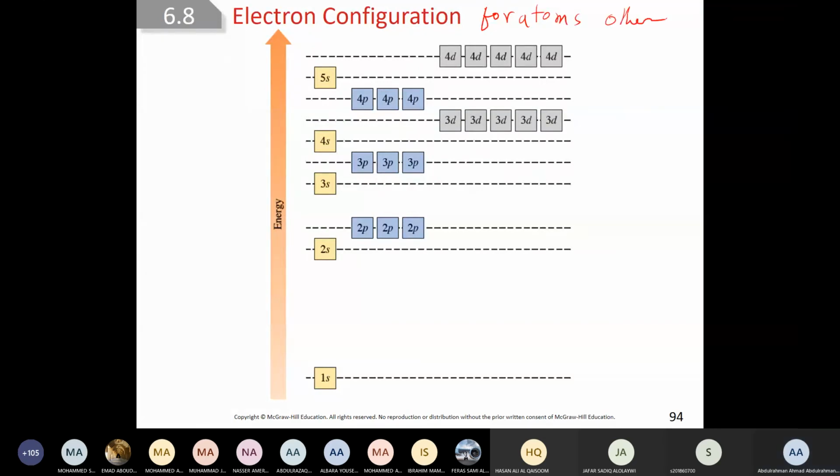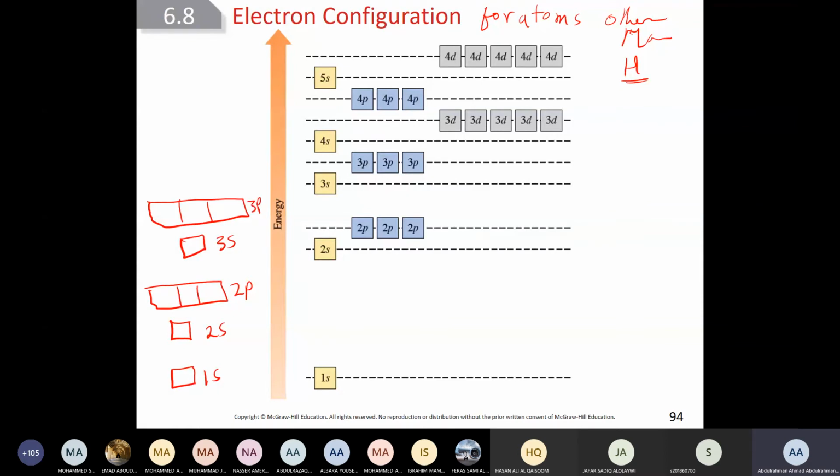This is for atoms other than hydrogen. You will find that 1s comes first, after it 2s, and then 2p, and after 2p comes 3s, and then 3p, and then 4s, which actually comes before 3D, and after that comes 3D, and then 4p, and so on.